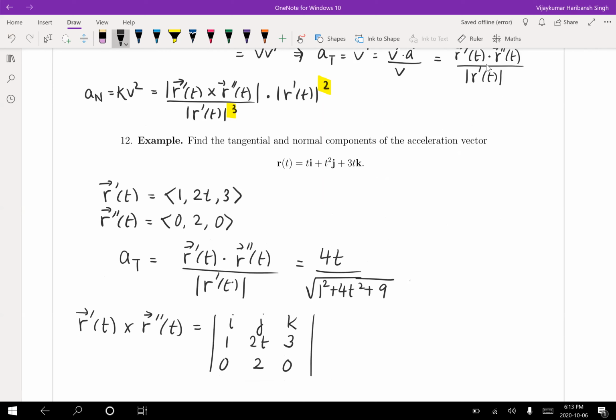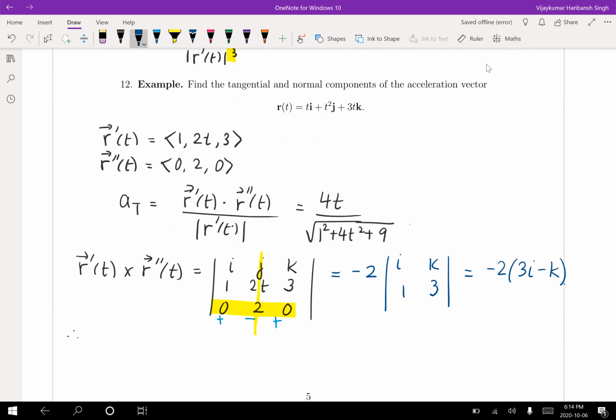I'm going to expand this using the third row, with signs minus plus minus. So forget about these entries, and you'll have -2 times (3i minus k).